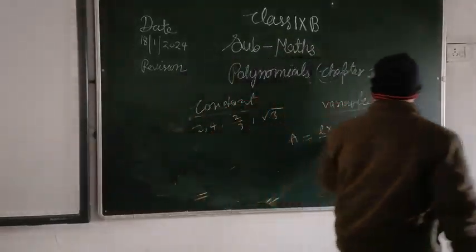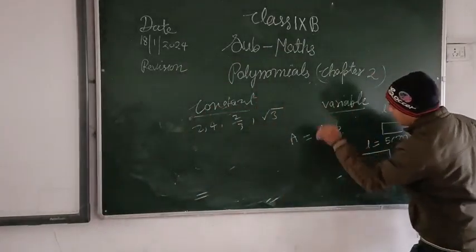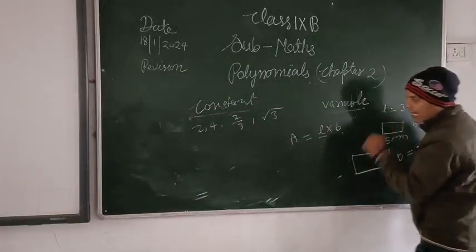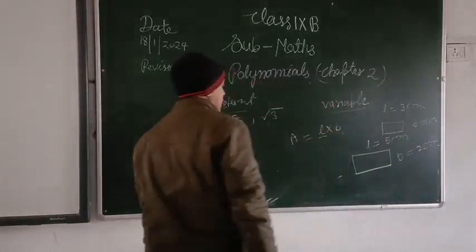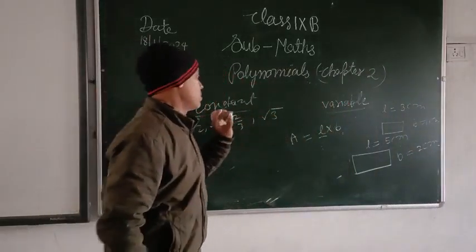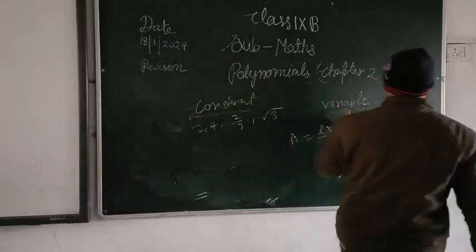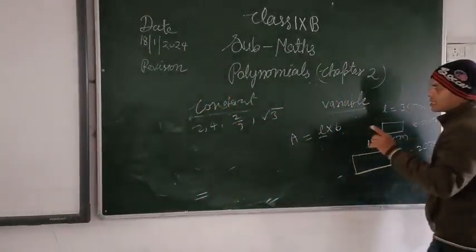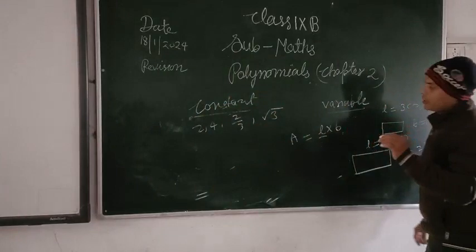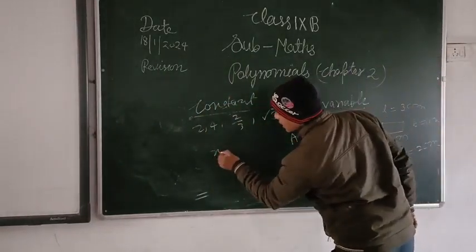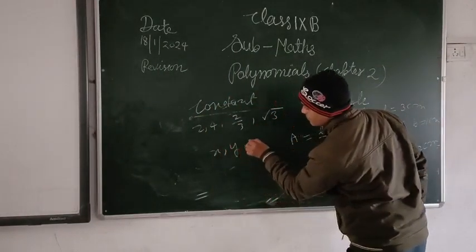So if L and B vary according to the situation of the given rectangle, then A is also variable. Okay. So generally variables are denoted by the last few letters of the English alphabet, just like X, Y, Z, etc.